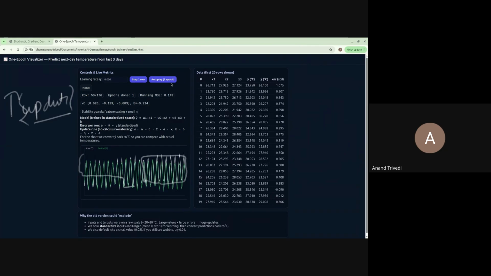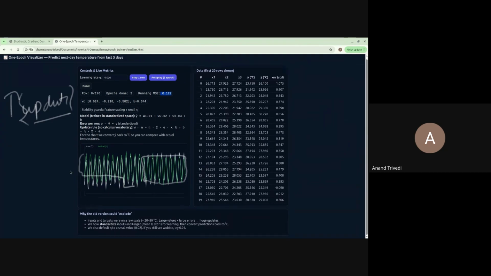Okay, I ran two epochs, and the whole idea is that it is trying to fit the predicted values as close as possible. Error means the difference between actual and predicted.